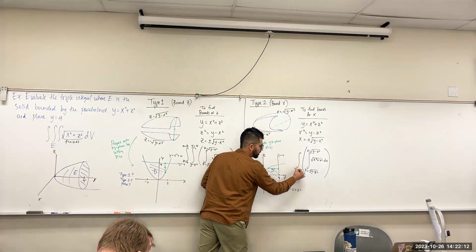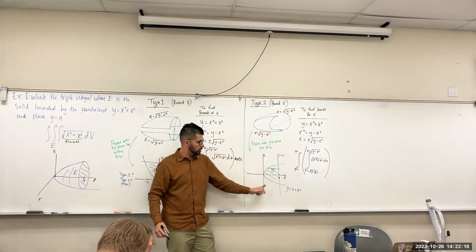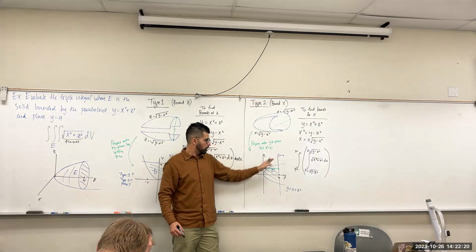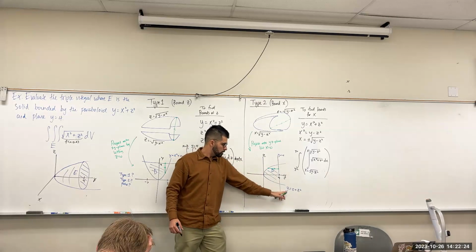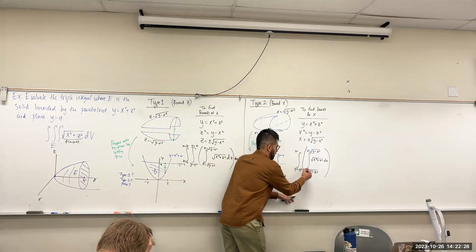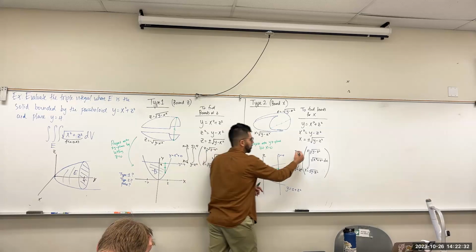So let's see, y is going to be bounded below by the parabola. What's the equation of that parabola? Y equals z squared. And bounded above by y equals 4.